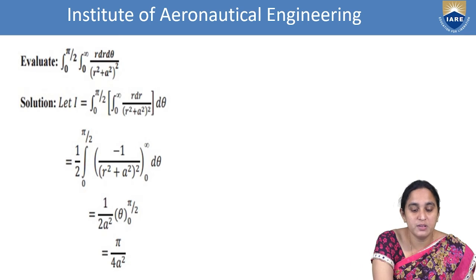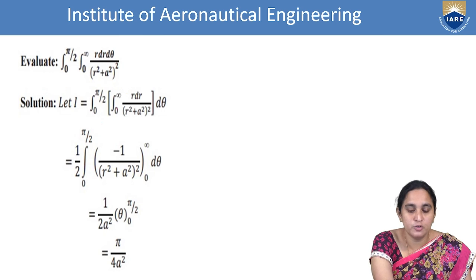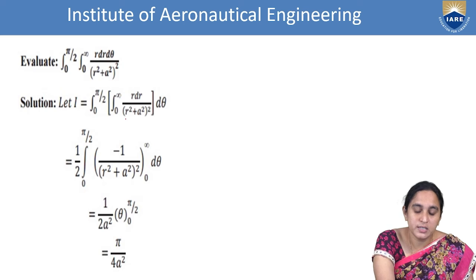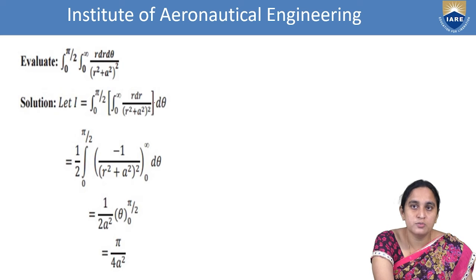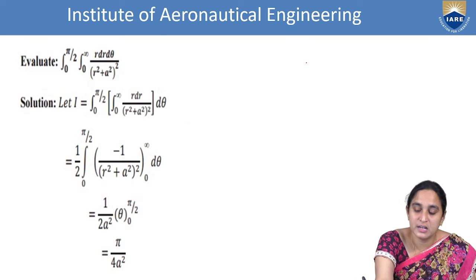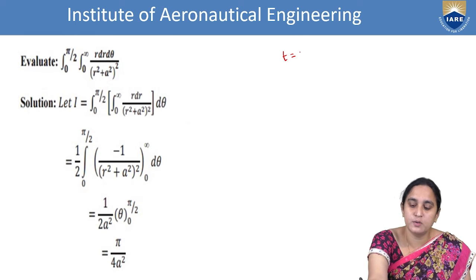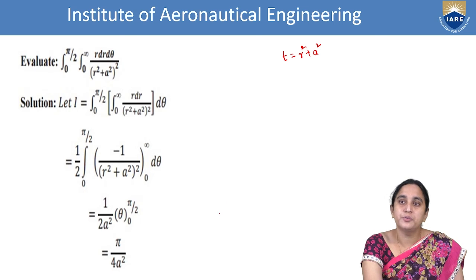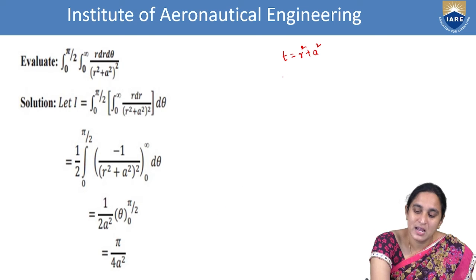Okay, let us take the given question as integral 0 to pi by 2, integral 0 to infinity, r dr by r square plus a square whole square, d theta. Okay, how to integrate this directly? There is no formula for that. That's why I'll take, let us assume here, t is equal to r square plus a square, and differentiate with respect to r.